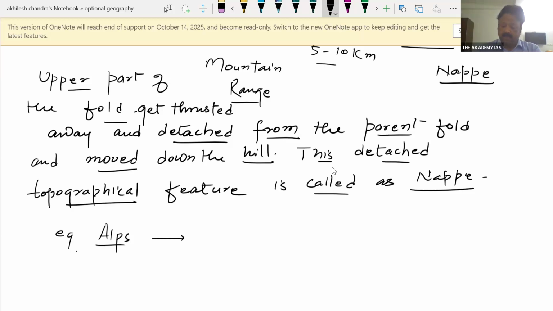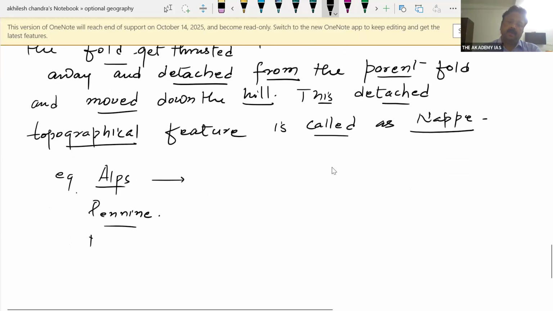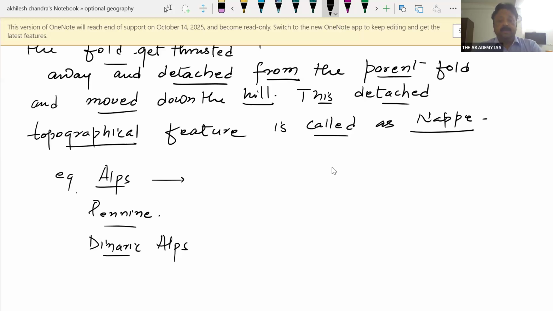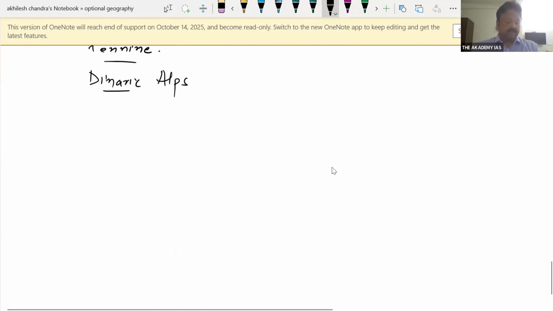You will find nappes in the Pennine also. Dinaric Alps nappe. Fine. So this is the folding and the formation of fold mountains takes place.